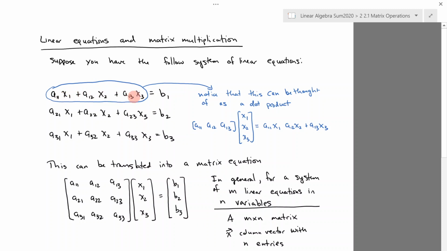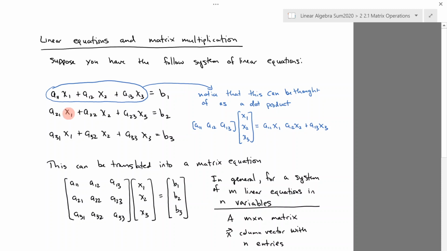How this is written out is just how a dot product is calculated, right? So it is the dot product of the coefficients with the variables x1, x2, x3. We can represent this as the dot product of the coefficients with the 3 variables, and what you get is exactly this expression here.